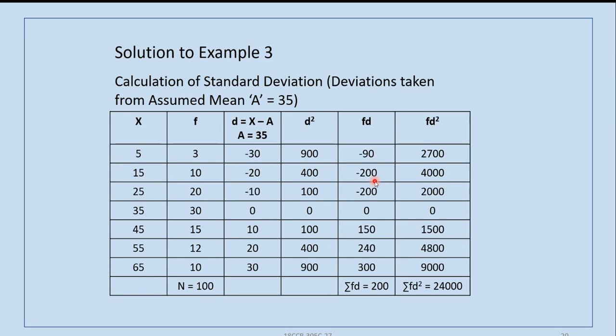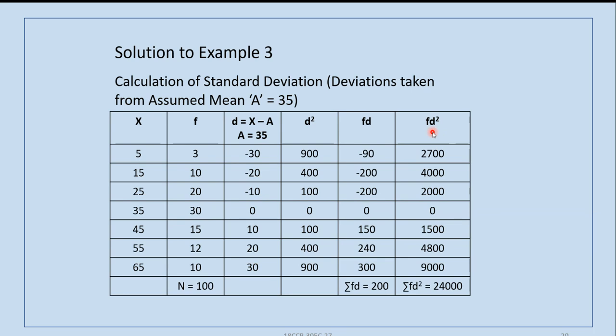Next column is d by taking the assumed mean. Next column is d square. Next column is fd, that is second column into third column. And we will calculate sigma fd square by taking the sixth column as fd square.